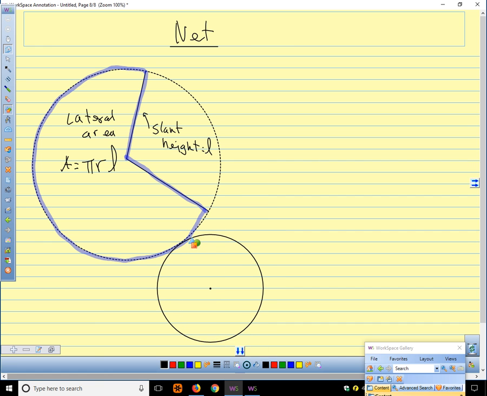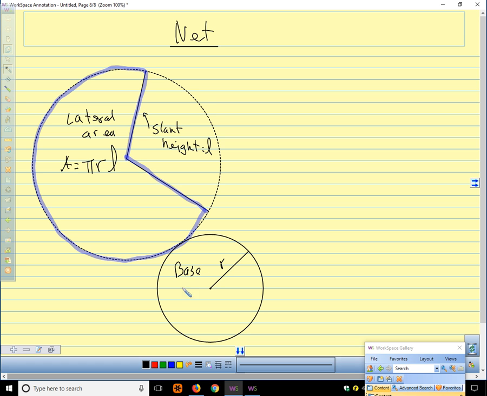R is the radius of the circle that makes up the base. So when I fold this up so those two sides meet, this is going to fit on the base of that cone. And the base area is the area of the circle, pi r squared.